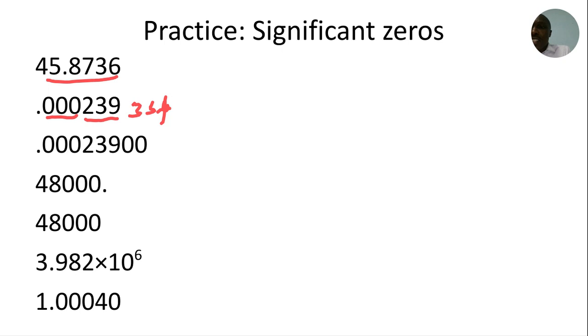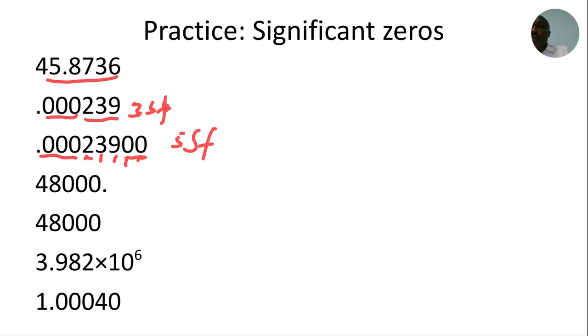When we come to this, the first 3 zeros are leading zeros and they are not significant. But these after the decimal point, after the numbers, are very significant. That means the significant figures here are 23900. That means here we have 5 significant figures.